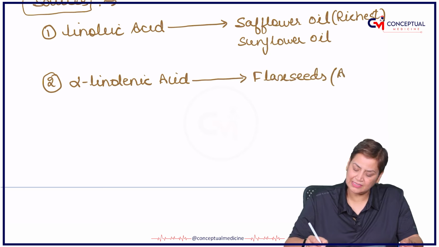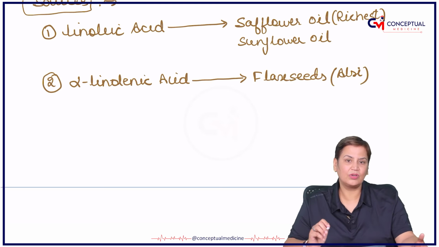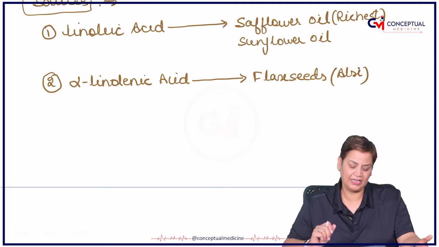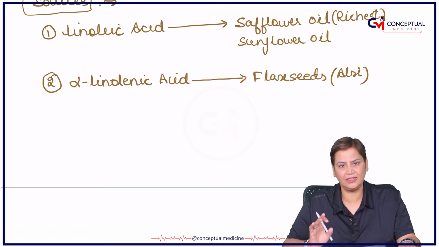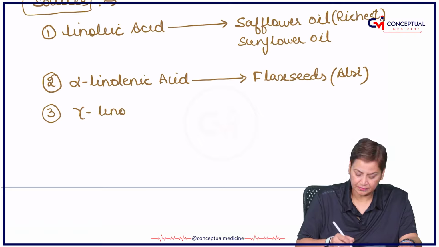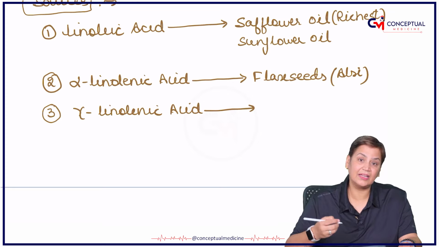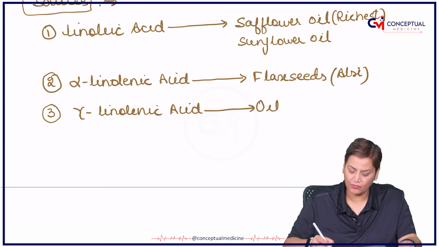Commonly we call them flax seeds, because you must have heard that they are very good because they are rich in antioxidants or rich in alpha-linolenic acid. Then third is gamma-linolenic acid. The richest source of gamma-linolenic acid is oil of evening primrose.